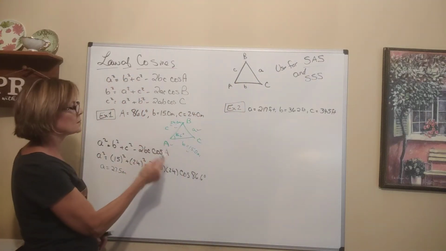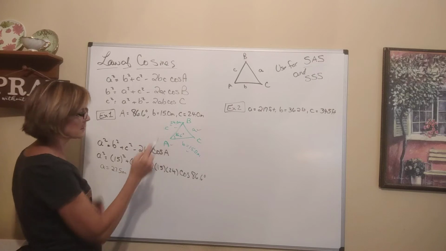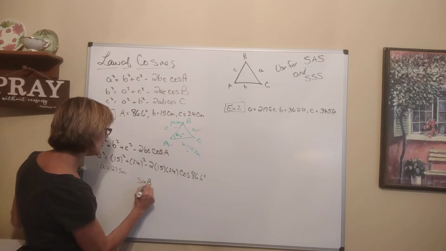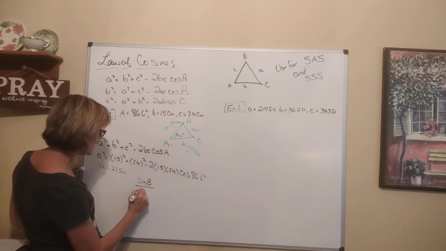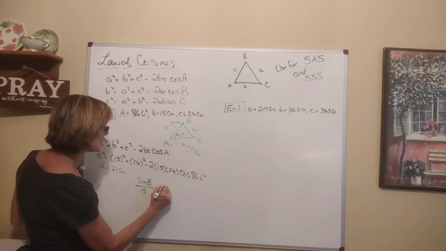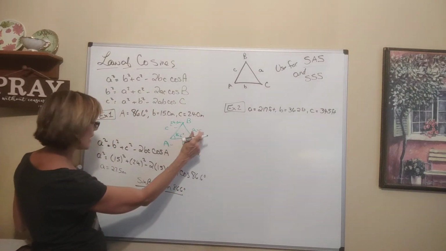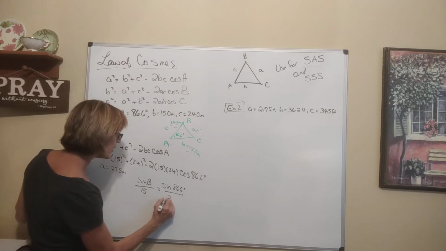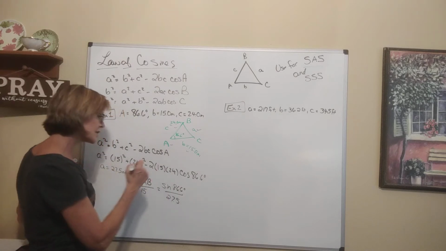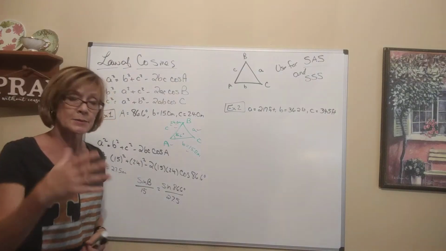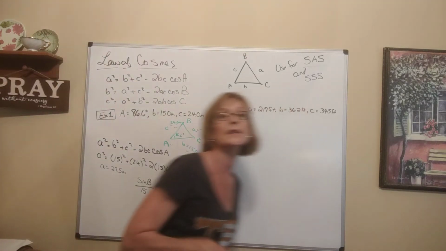I said, who is smaller? B is smaller. So let's find that. Law of sines says the sine of B over little b, which is 15, is equal to the sine of the angle that we know, 86.6, divided by A, which is 27.5. Now we're just going to cross multiply and take the inverse sine, which we've done plenty of times before in the last video.